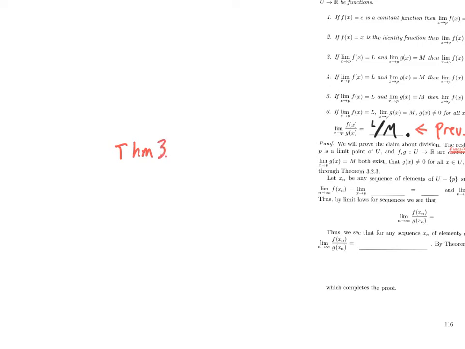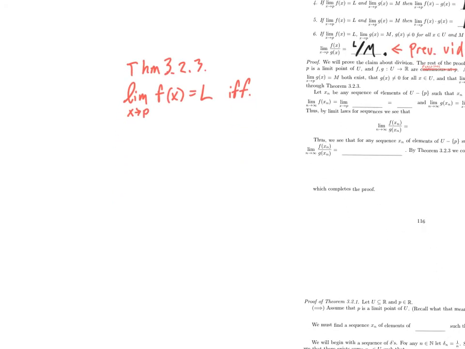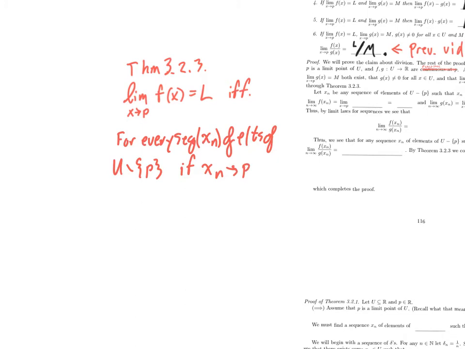Theorem 3.2.3 says, briefly, the limit as x approaches p of f of x is equal to L if and only if for every sequence x sub n of elements of U minus singleton p, if x_n converges to p, then f of x_n converges to L.